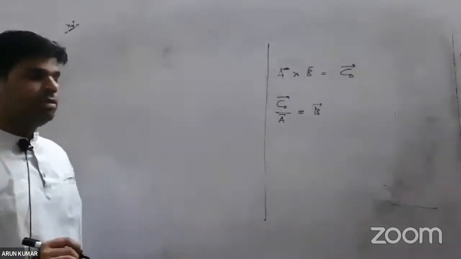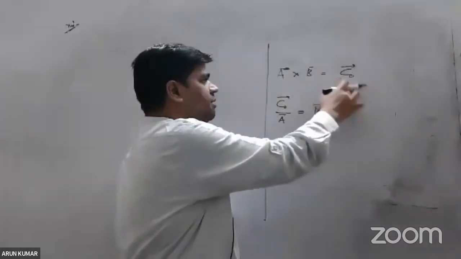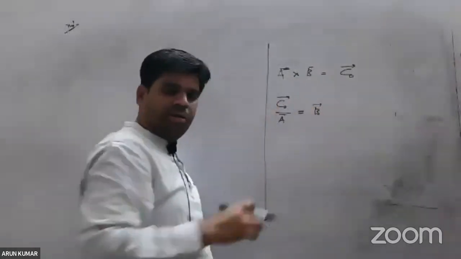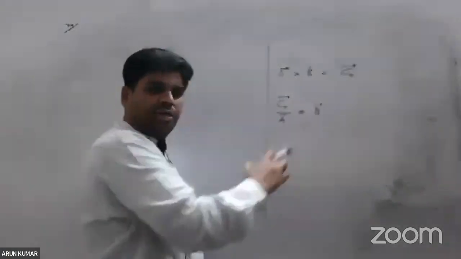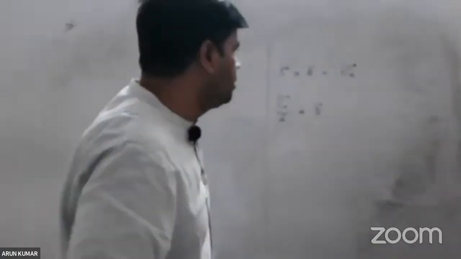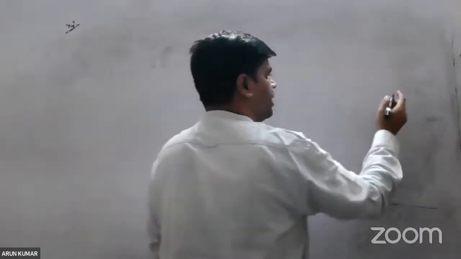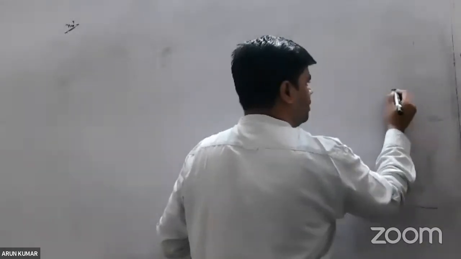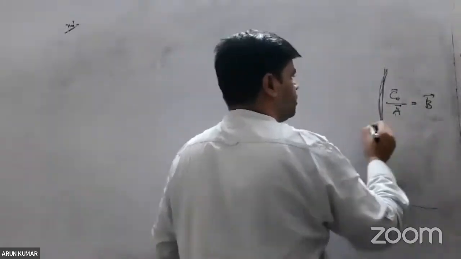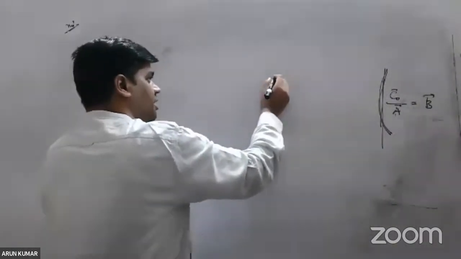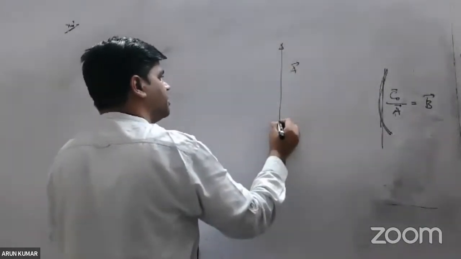Or C by B, I should get A, or C by A, I should get B. Let us see, do we get it or not? So C bar by A bar is B bar is what I'm supposed to get. Now, this is A bar, for instance, and this is B bar.